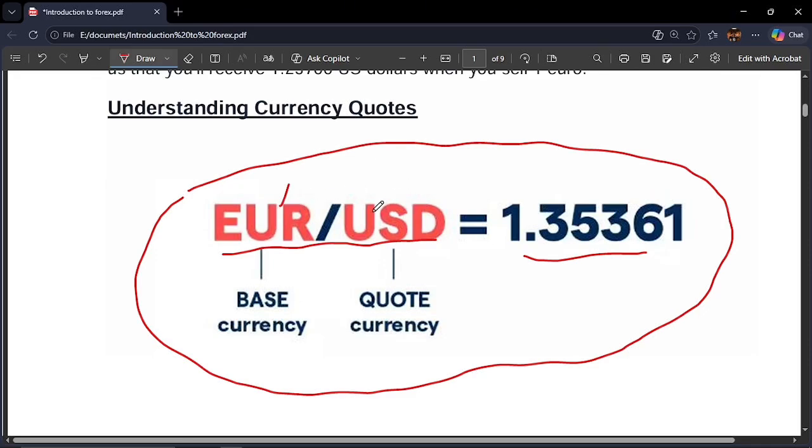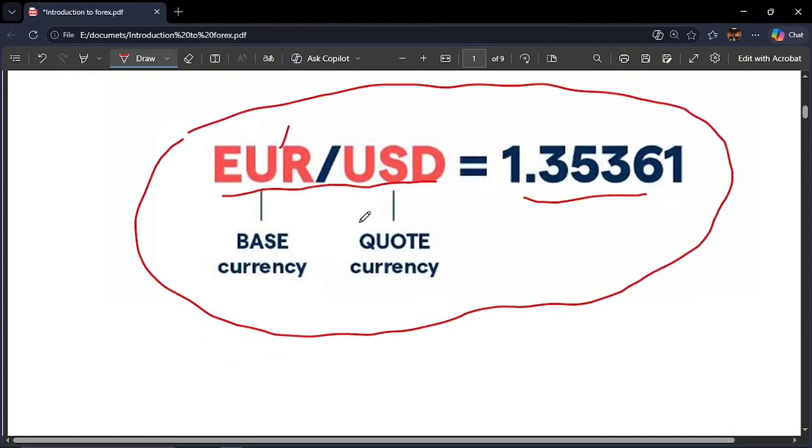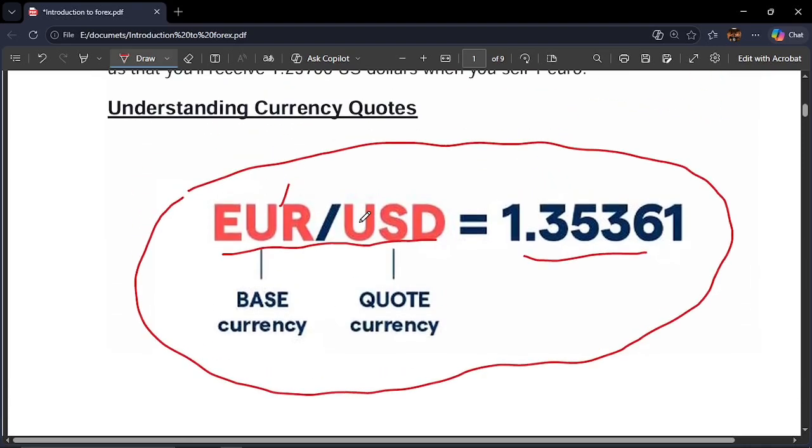I hope you guys understand me. Now, without talking much, let's first get a Euro USD currency pair chart and see how it looks like on the Forex charts.